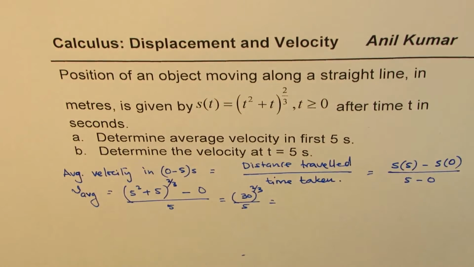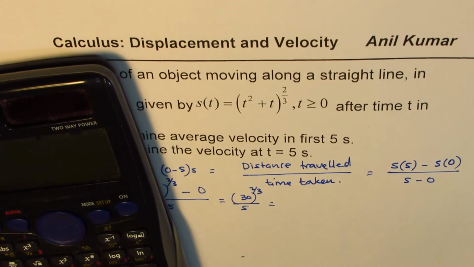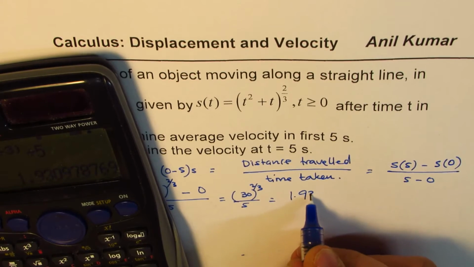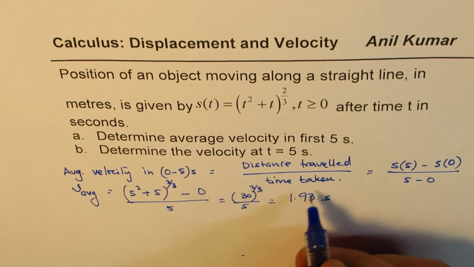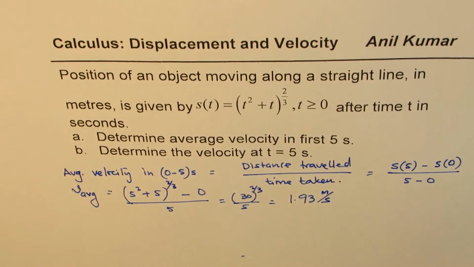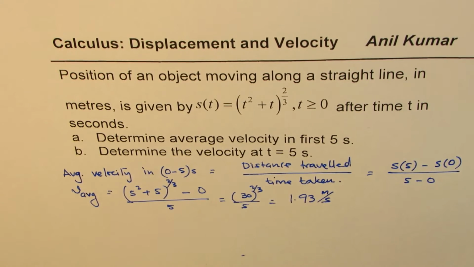So that is 30 to the power of, within brackets, 2 divided by 3, bracket close, divided by 5, and that is 1.93 meters per second. That is the average velocity. This is the displacement, and that is the time. So that is part A.